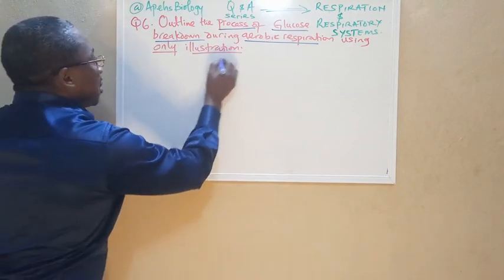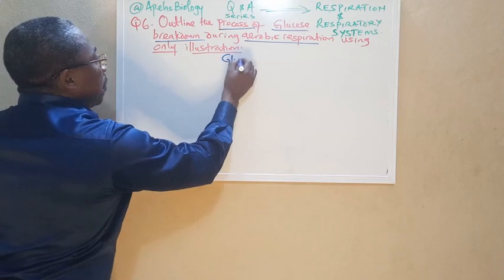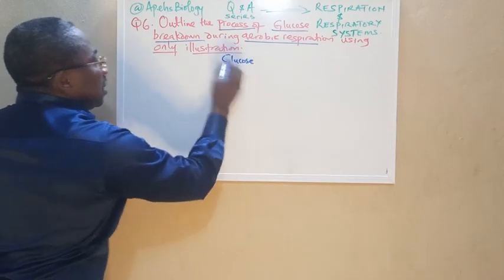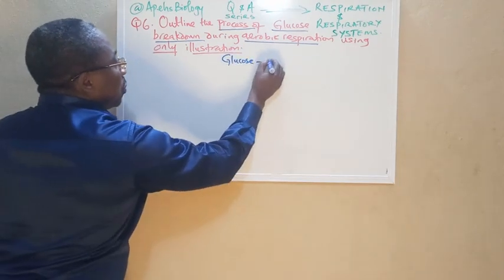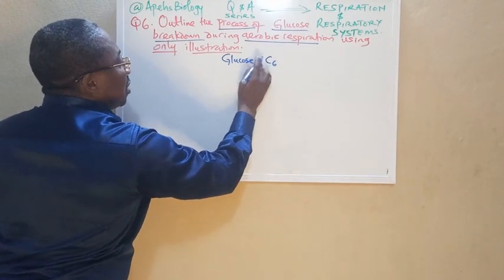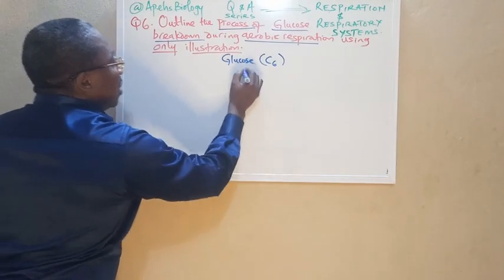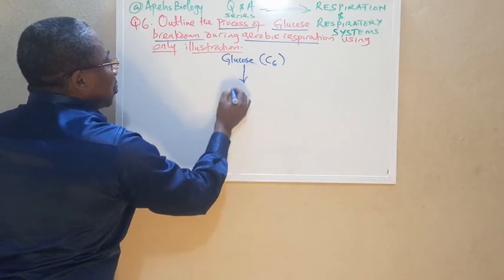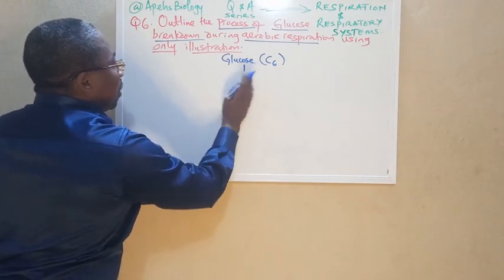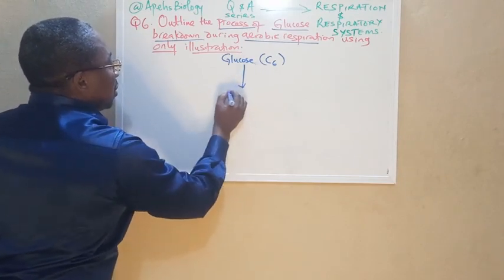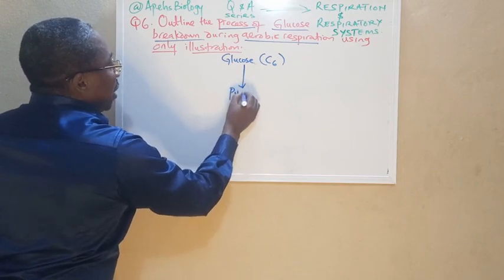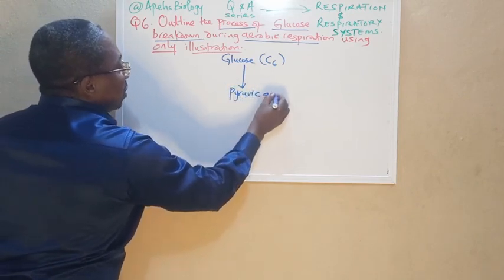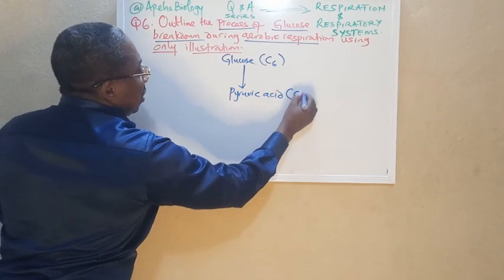You simply say that glucose here is actually a 6-carbon compound, which we'll call C6, right? And then that glucose is broken down to another 3-carbon compound, which is called pyruvic acid, which is C3.